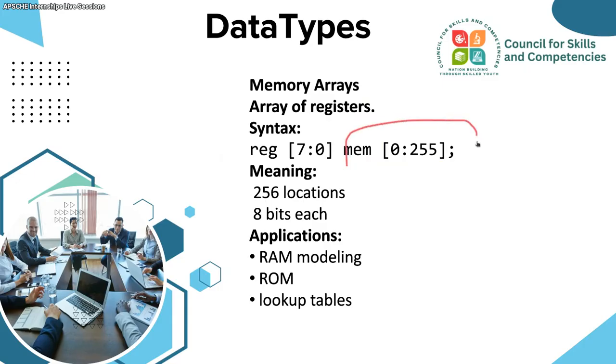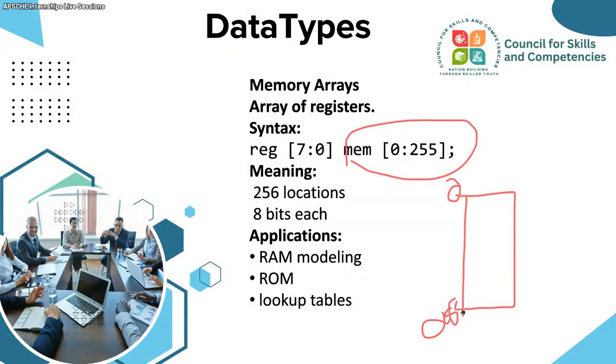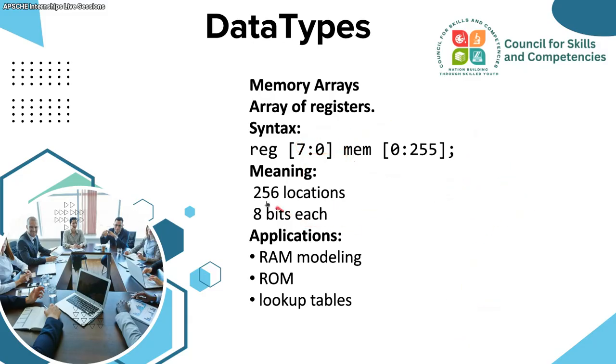So a memory has a size, as I told yesterday, from 0 to 255, so 256 in size, and each has 8 bits. That is what it means. So it has 256 locations, and each location has 8 bits. You can use this kind of thing in RAM modeling, ROM, and lookup tables. So these memory arrays will be useful for that.